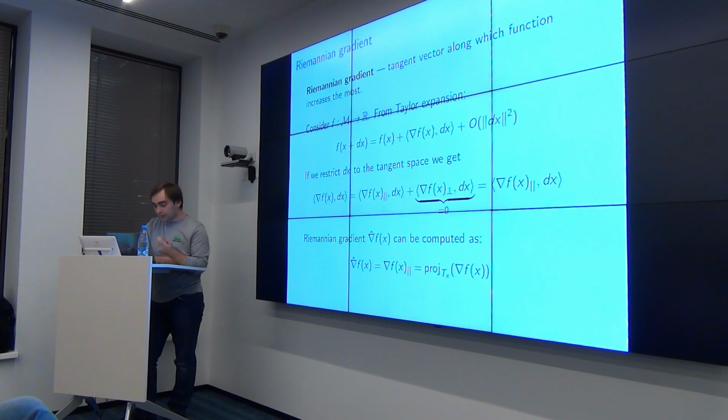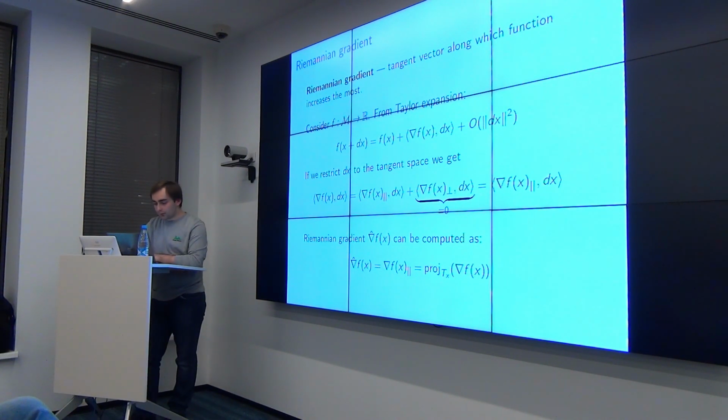And so you can compute the Riemannian gradient as the projection of the usual gradient onto the tangent space. Is it clear? But this is not the projection of the gradient on the manifold itself. No.